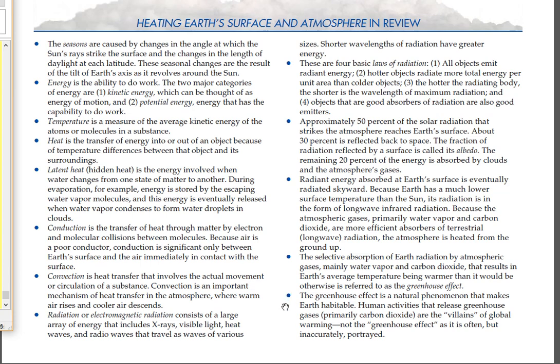The greenhouse effect is a natural phenomenon that makes Earth habitable. Human activities that release greenhouse gases, primarily carbon dioxide, are the villains of global warming, not the greenhouse effect as it is often, but inaccurately, portrayed.